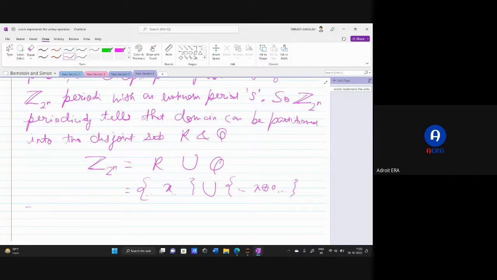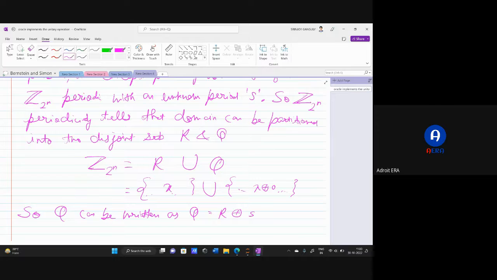Therefore, Q can be written as Q equal to R XORed with s.